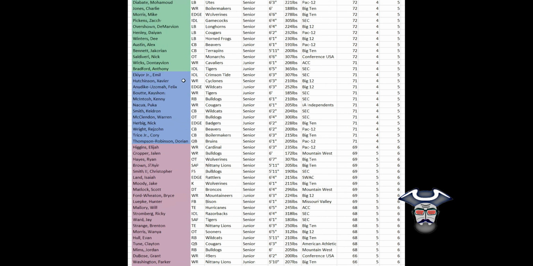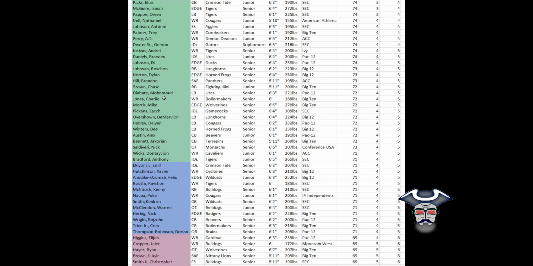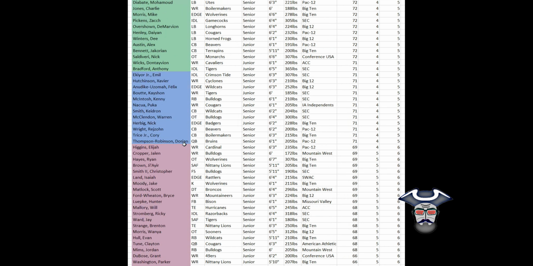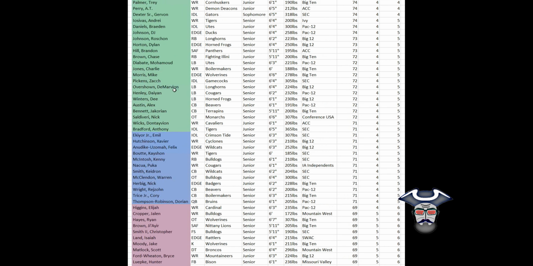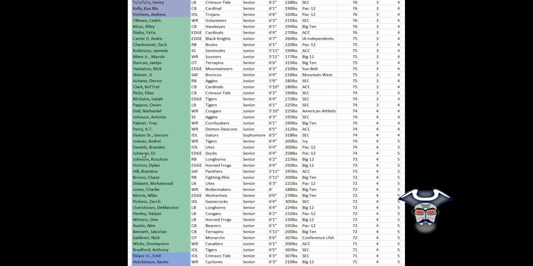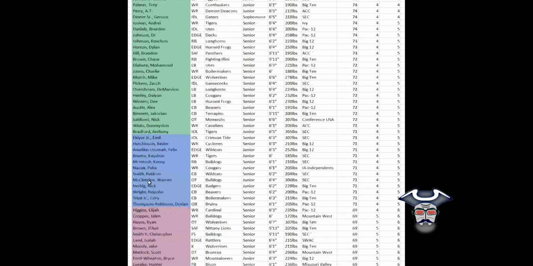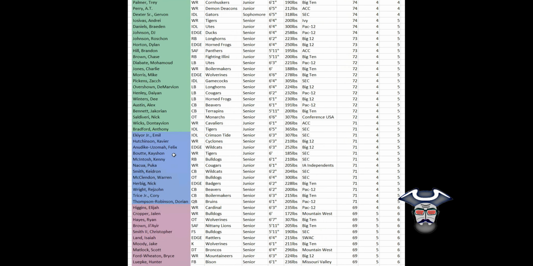This is an interesting group here. This is a group that I would say is kind of the solid 5th round talents, whereas this is decent 4th. This is the 5th round talent that I was talking about, where there's basically nobody there. And so you're going to see some of these guys get moved up.